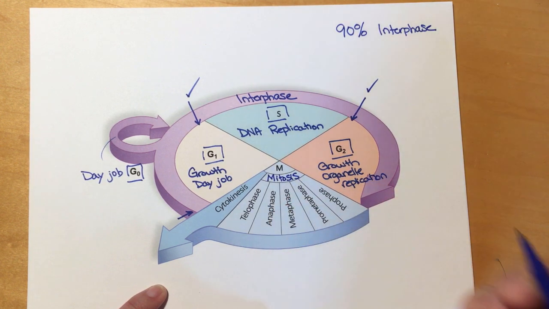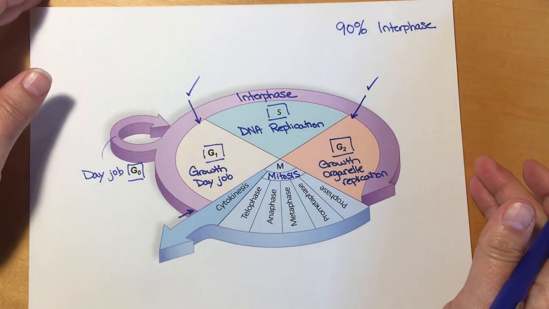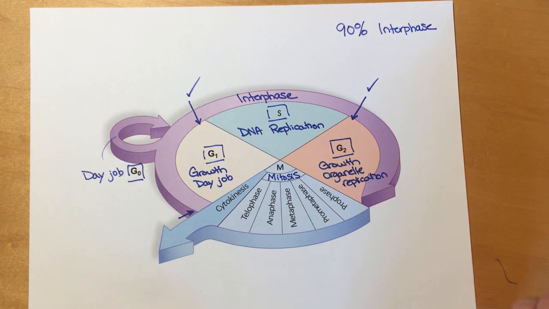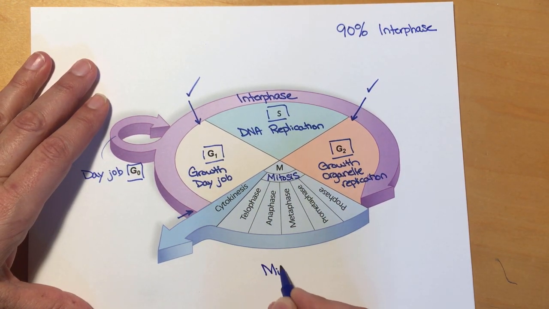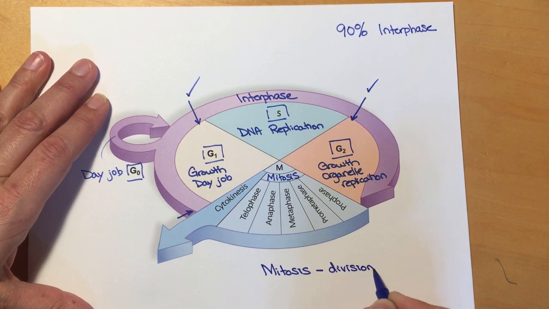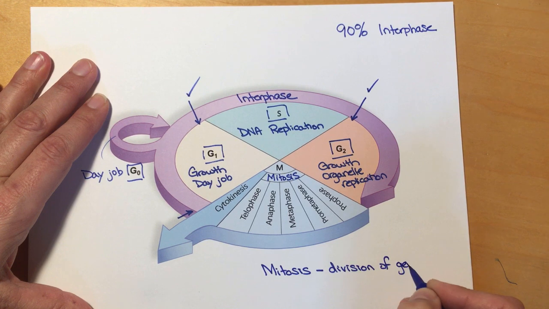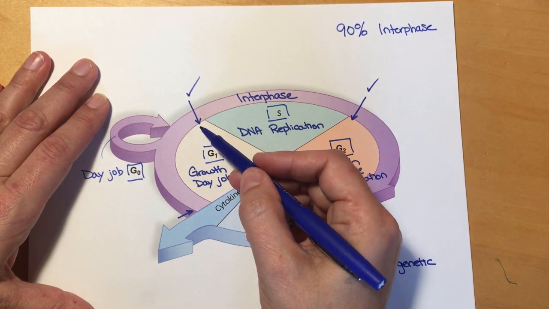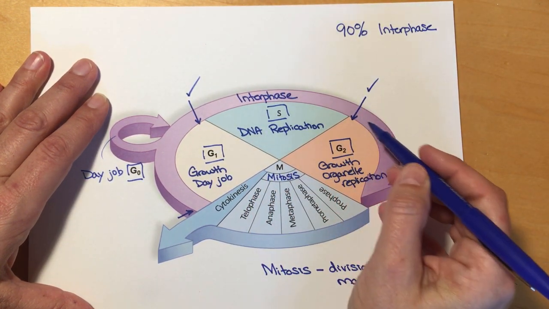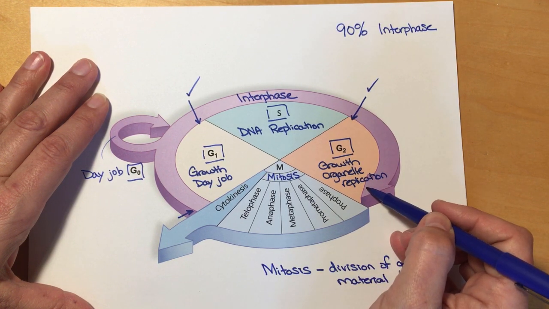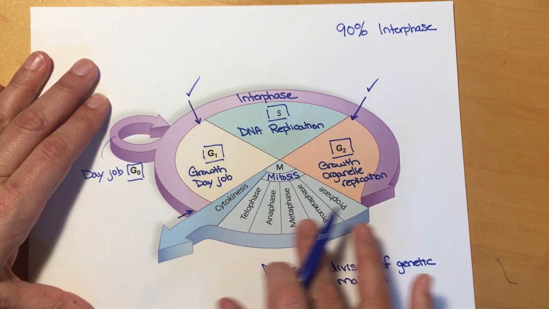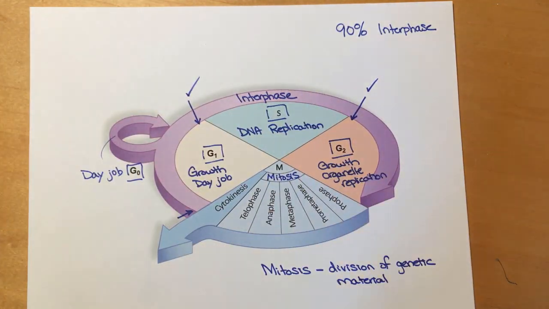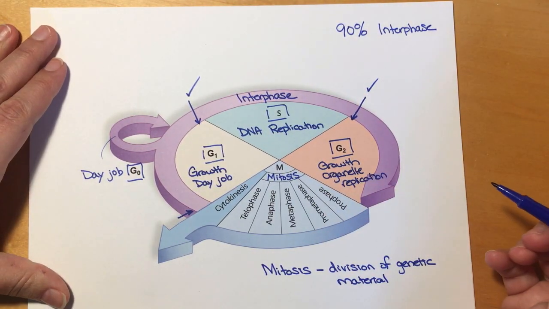So a lot of people think mitosis is a type of cell division, and we kind of use that word to mean it, but mitosis is technically the division of genetic material, basically DNA. So up here, the cell grew, we duplicated our DNA, we had some more cells growing and more organelles replicating, and in this part over here, mitosis, we're going to separate that DNA that we replicated.